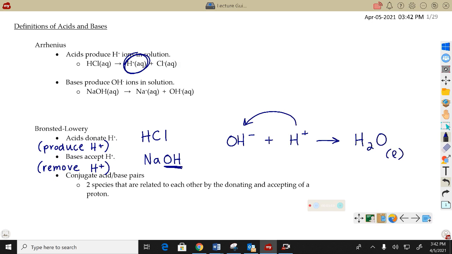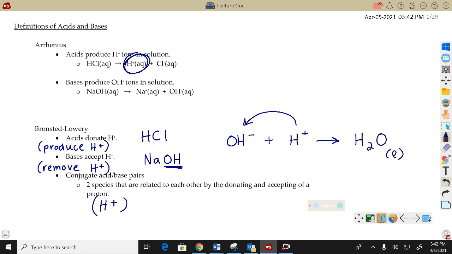Now, the other vocab term that we should mention is something called a conjugate acid-base pair. And that's really just two species that differ by just a hydrogen ion. One species is a hydrogen donor, it acts like an acid, and the other is a hydrogen acceptor. It acts like a base. And when we say accepting of a proton, a hydrogen ion is a proton.